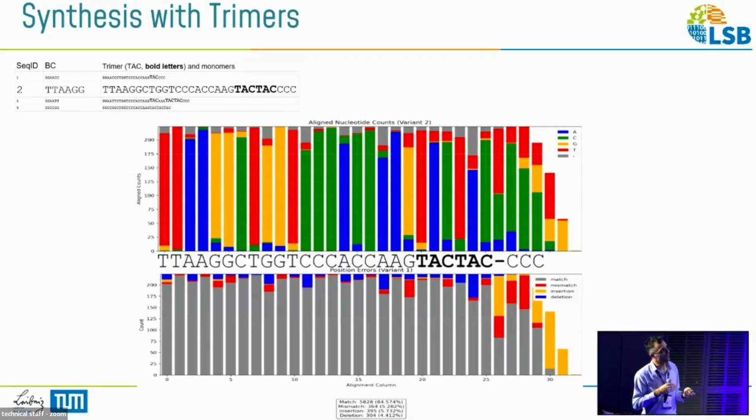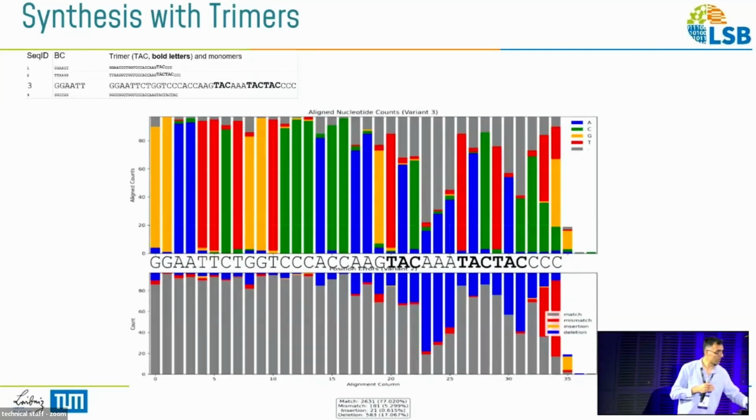Also, 2 consequential trimers worked. As you see here, this TAC and this TAC are in the sequence in the mixture of the other monomers. It also works, with a little bit less efficiency.